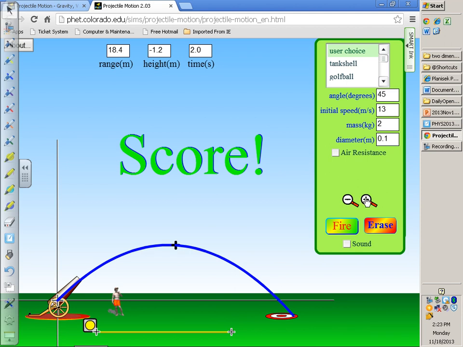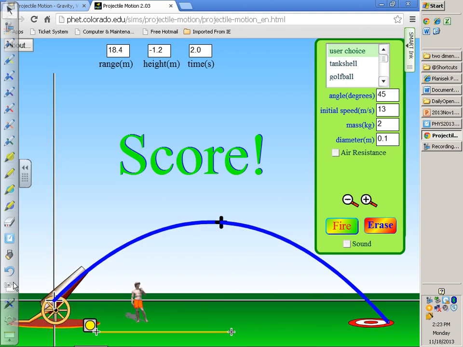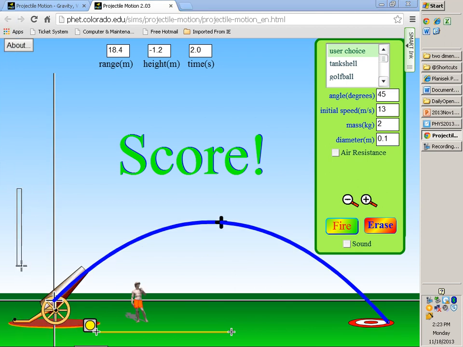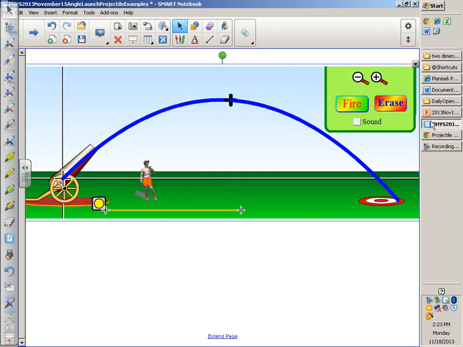But let's zoom in and go any further. If we take this picture, on Friday we talked about the idea that shooting this cannon off at 45 degrees means that this is what the initial velocity looks like. But if the initial velocity is like that, it was really doing two things at the moment it was shot off.